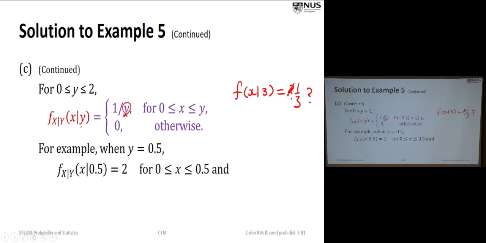Substitute this by 3. No, this one does not equal to 1 over y, and substitute y equal 3. No, it's equal to 0. Because this is only valid when x is between 0 and 2. Outside that, it's not that. Okay, outside that, it will be 0. It will be 0. All right?